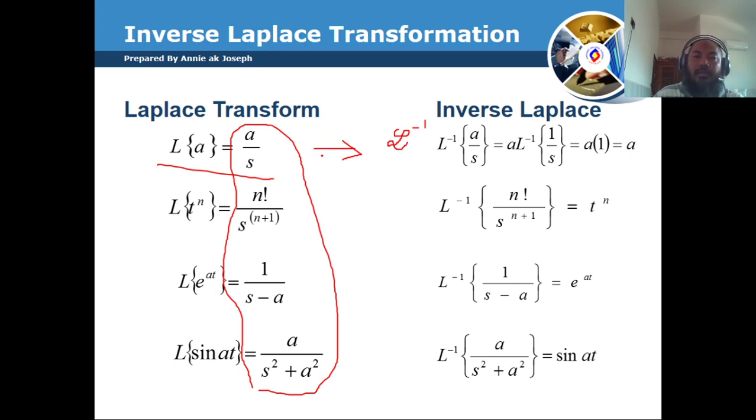If the result of the Laplace is like this, then the inverse Laplace will be equal to this one. So the inverse of n factorial divided by s to the power n plus 1 will be t to the power n, etc.